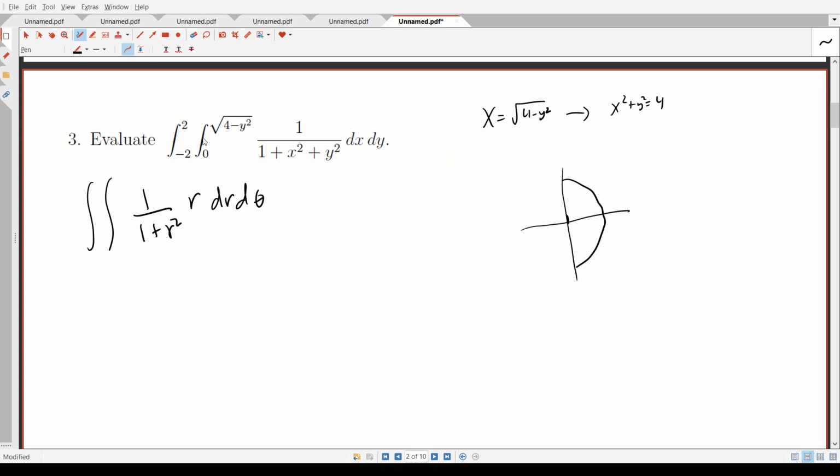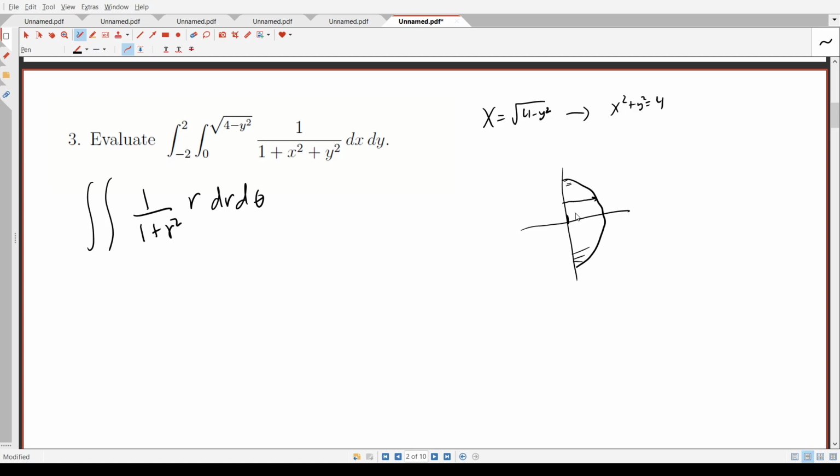Okay, so that's this bound, and so we know that x starts at 0 and goes to this curve, and then y starts at minus 2, which is down here, and then goes all the way up to 2, which is up here.